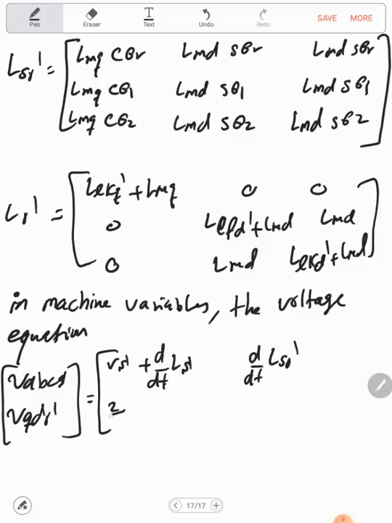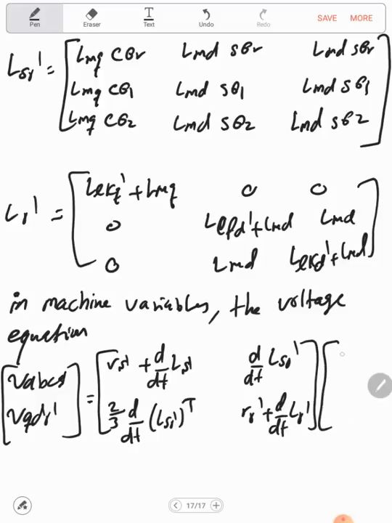Here we have 2/3 d by dt of LSR dash transpose, and here we have the RR dash plus d by dt of LR dash, multiplied by the current, which is IABCS and IQDR dash.